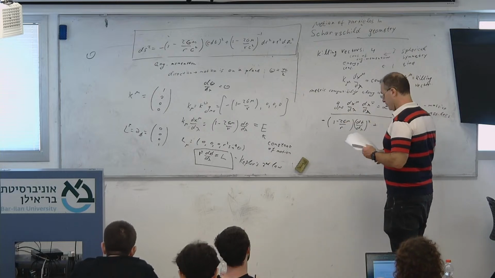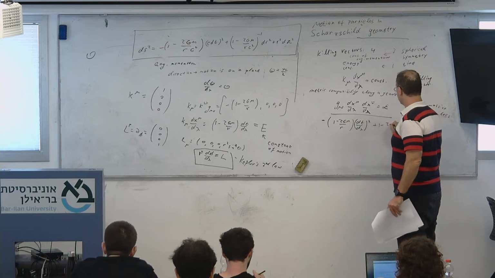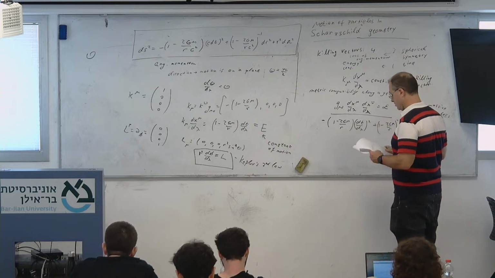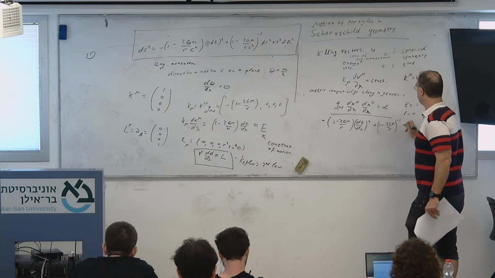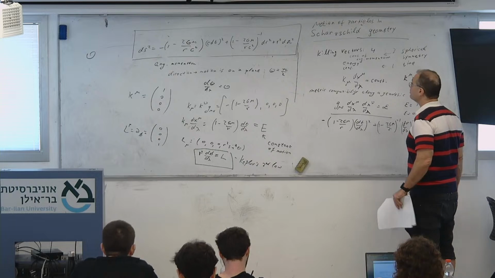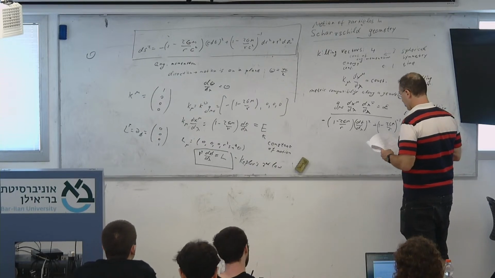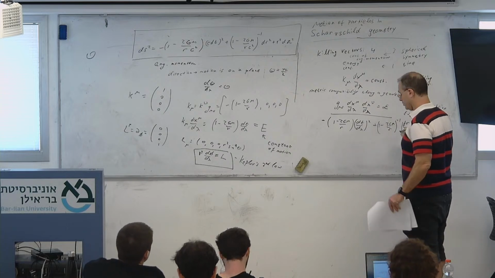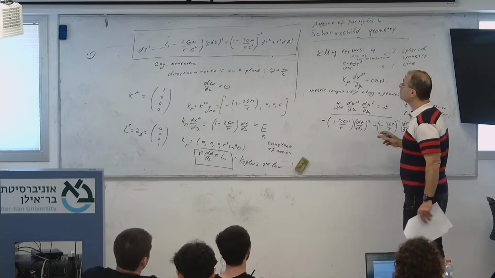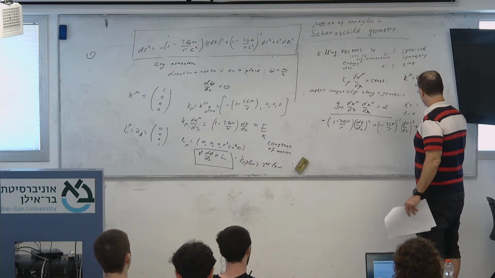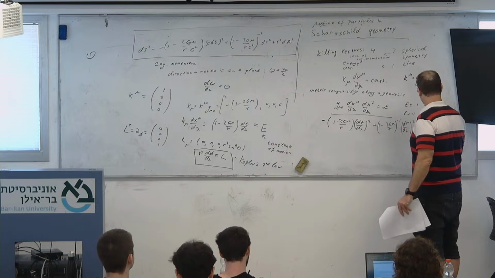g11 is (1 minus 2GM over r) to the minus 1, (dr/dλ) squared. Plus r squared (dφ/dλ) squared is equal to 0.